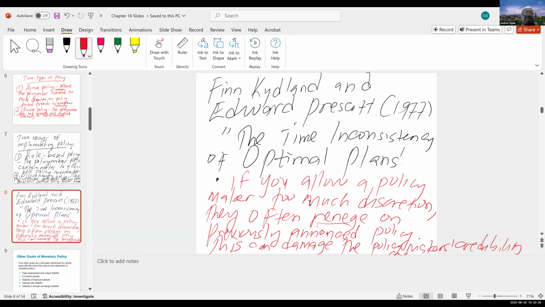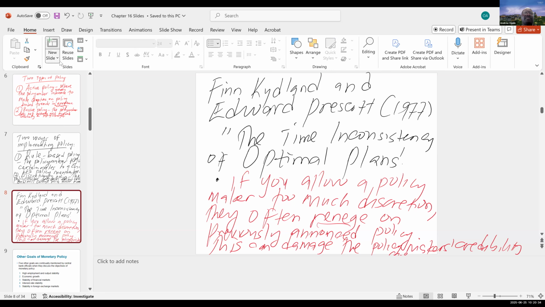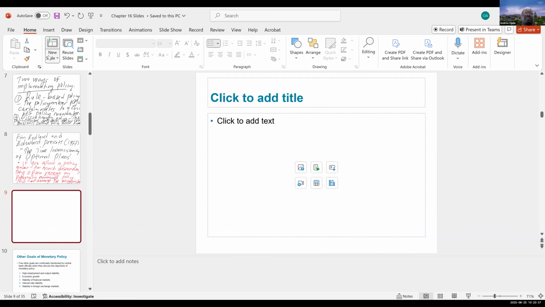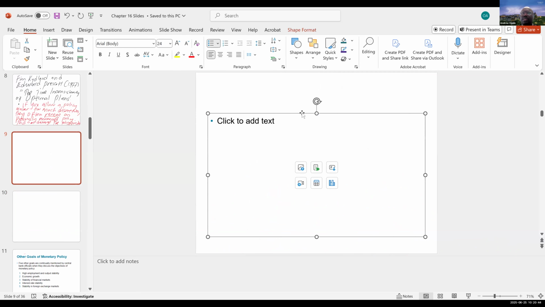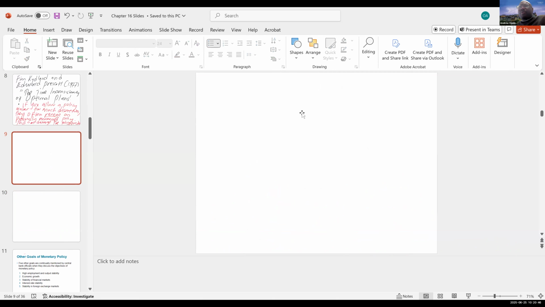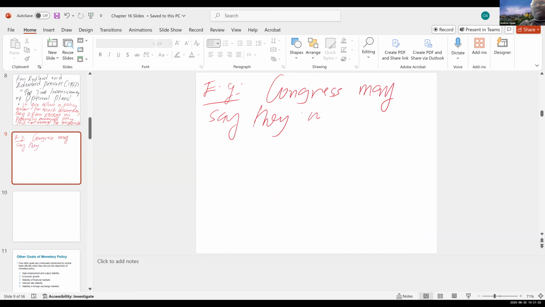So one example I'm going to give you, which is very common in the United States, is Congress. Let's give you a few examples of what a time inconsistency problem looks like. Congress may say they will cut taxes.